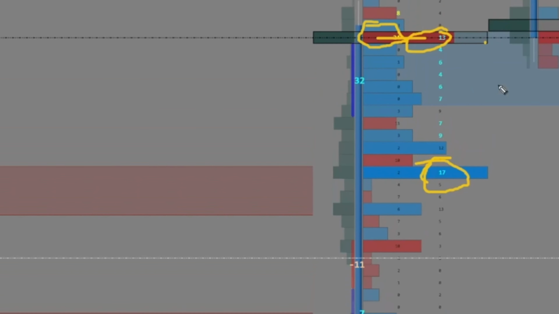Just a little bit more: 17 of them over here against 2 sellers, and 12 buyers over here, 17. And there are some more like this one, this one, this one, and this one.